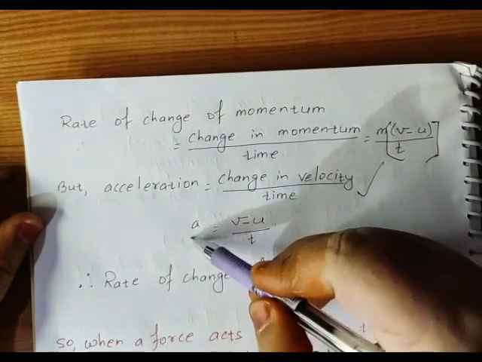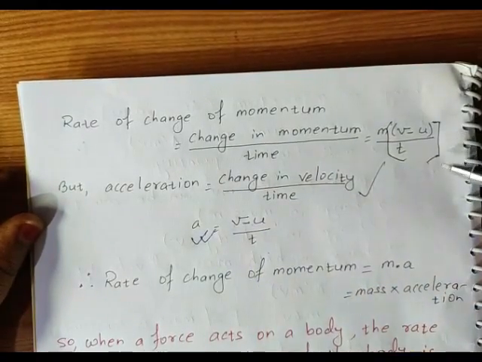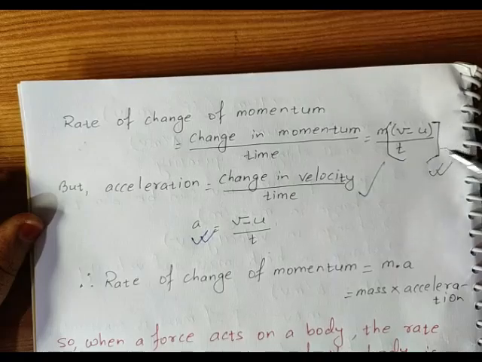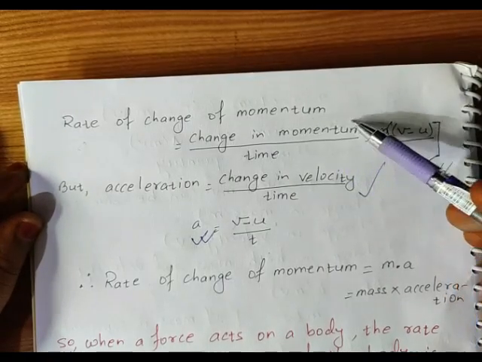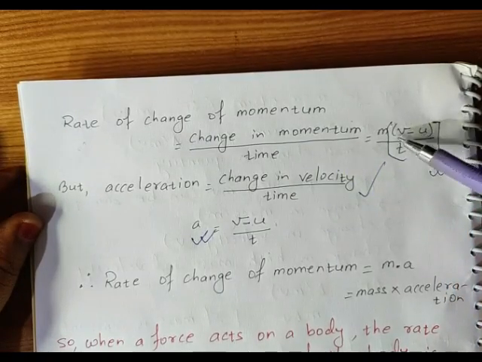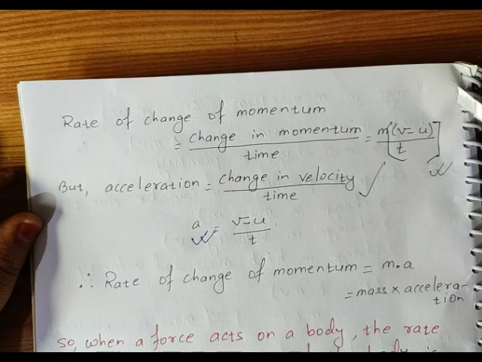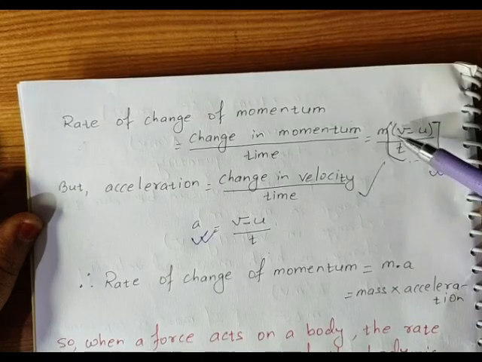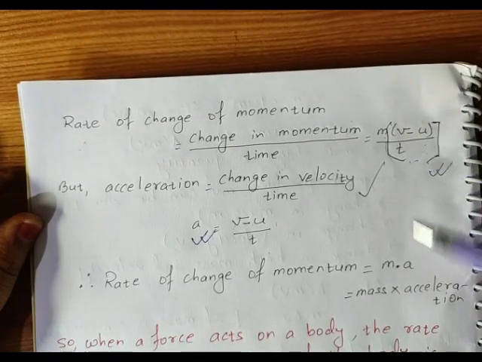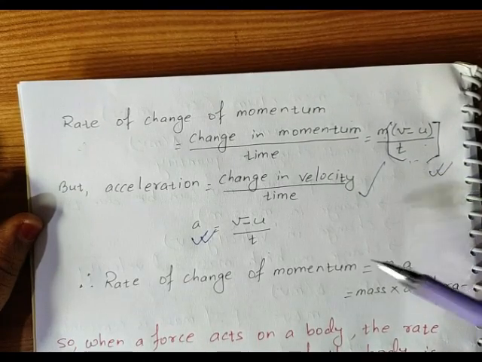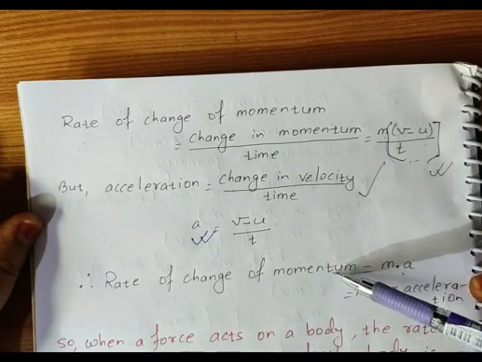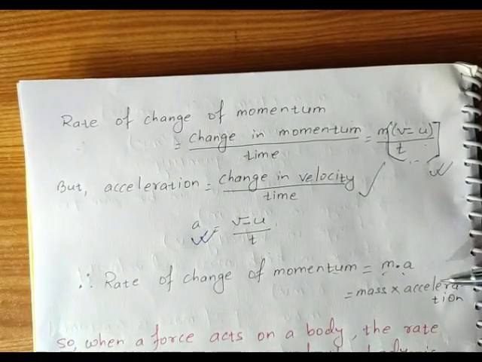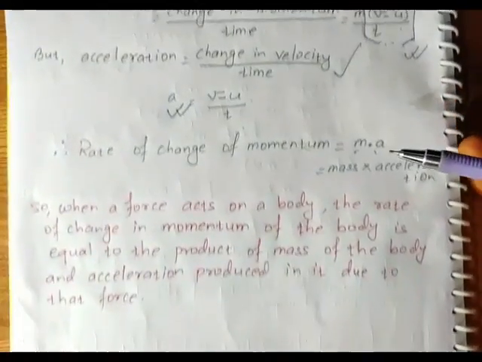Now this value of a is substituted here. Here what we got? Rate of change of momentum, change in momentum, m into (v minus u) by t. Now (v minus u) by t is equal to a. So m into a, ma. So rate of change of momentum is equal to mass into acceleration.